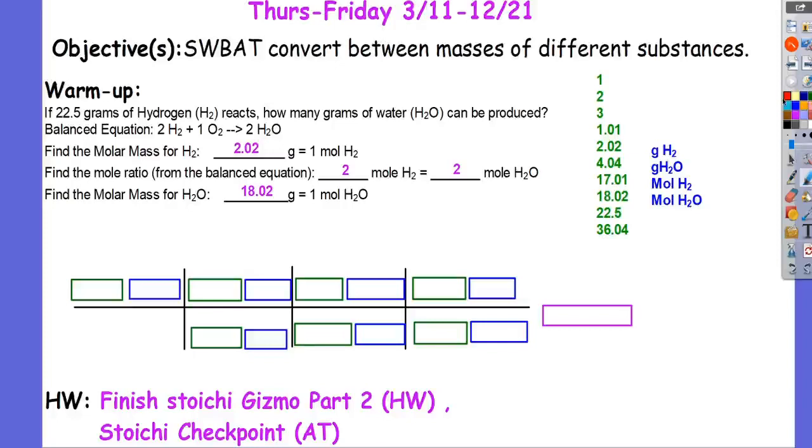Oh, before I highlight the ones that I need, let's figure out what our given is. So if I read my question, if 22.5 grams of hydrogen gas reacts, how many grams of water can be produced? So my given is 22.5 grams of hydrogen, H2. So let's look at our values. I know that I need 22.5.